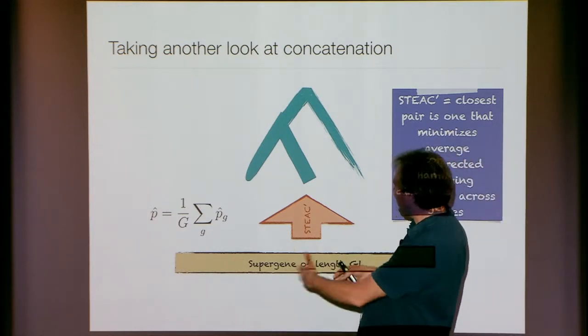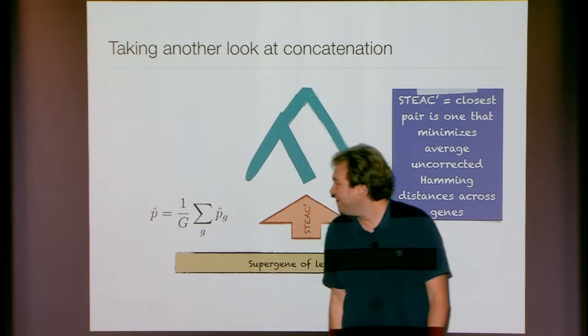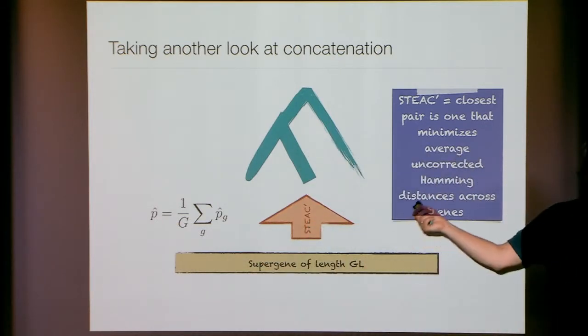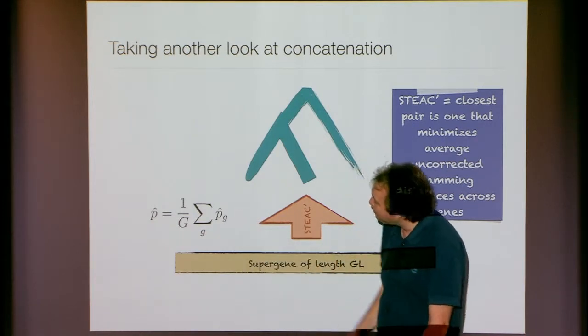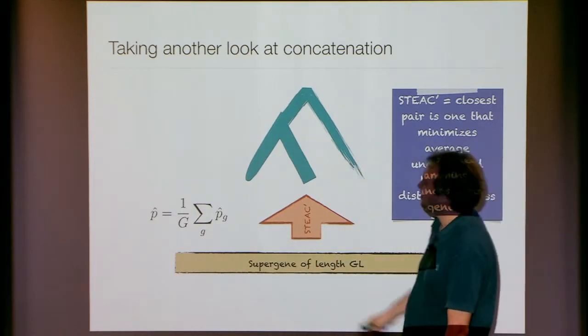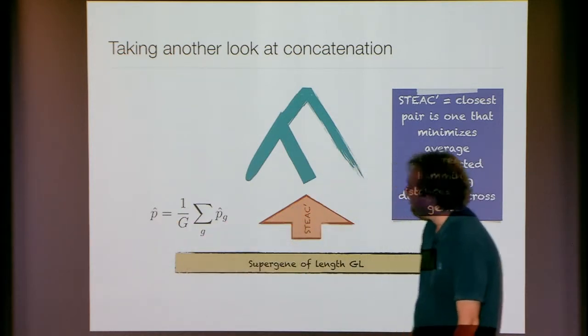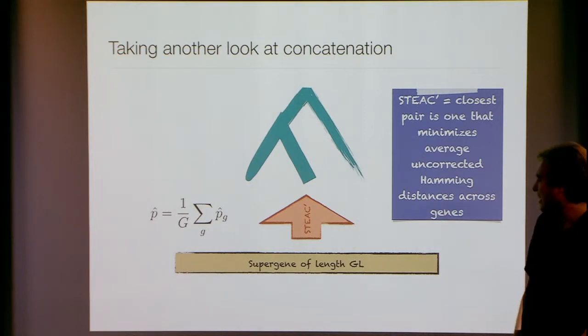Now, in my particular setting where I assume that all of the genes have the same length and so on, you can actually think of this as the Hamming distance of the supergene. Instead of doing this one gene at a time, I can just count for each pair in the supergene how many differences there are. Here I'm imagining normalizing this by the length of the sequence. And that gives me an estimate of something that is shorter for the shortest pair.